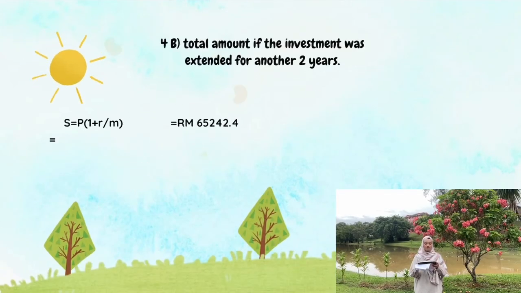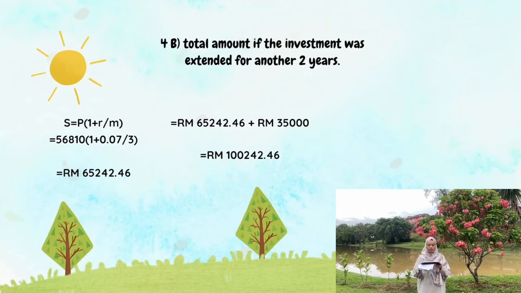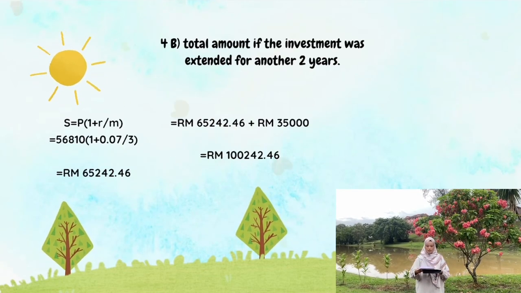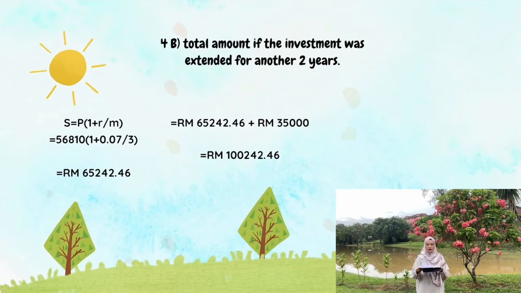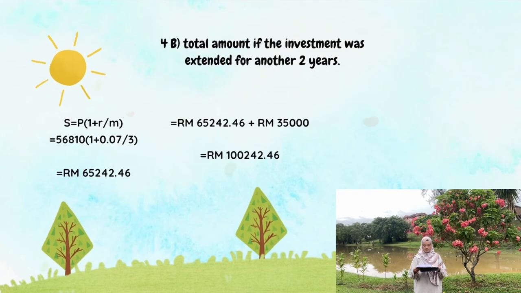For question 3B, calculate the total balance if the investment continues for another 2 years. We use the same formula, S equals P(1 + R/M)^(M×T).